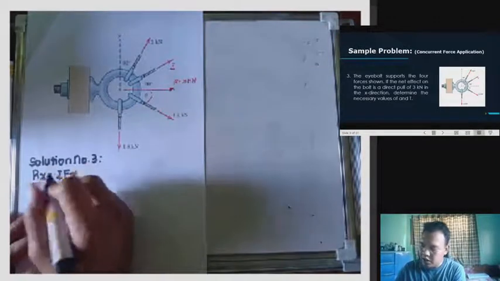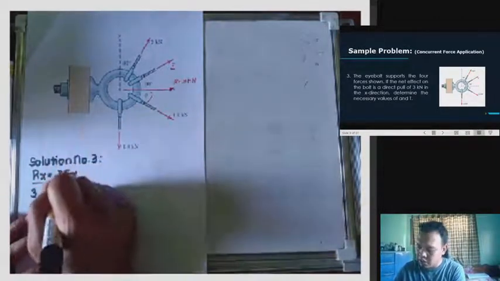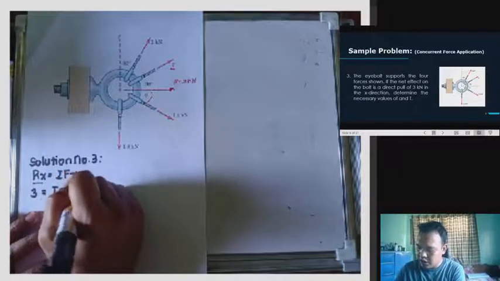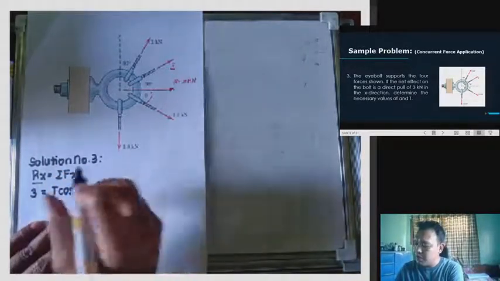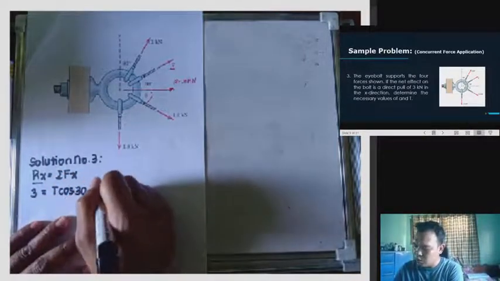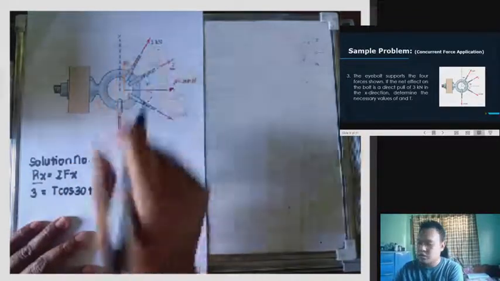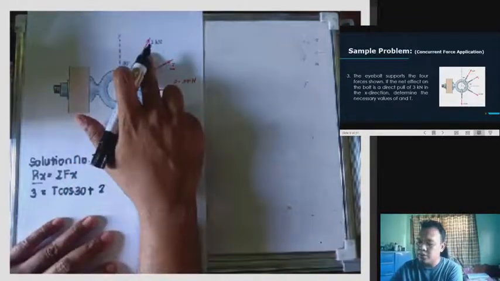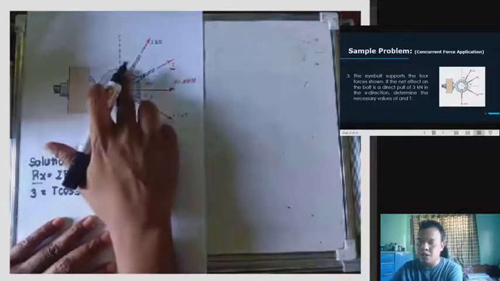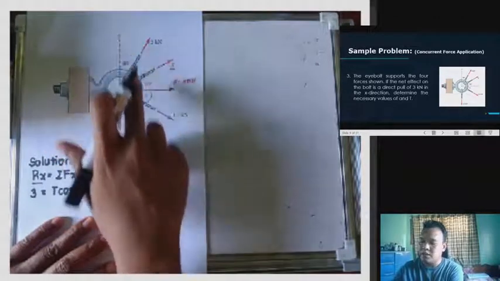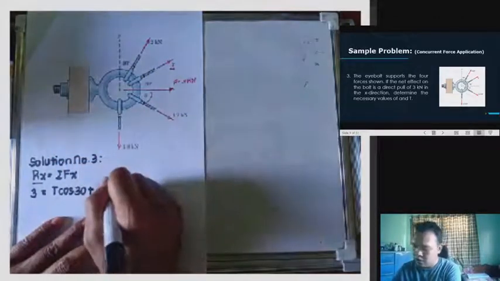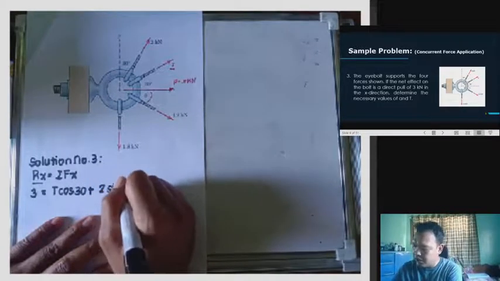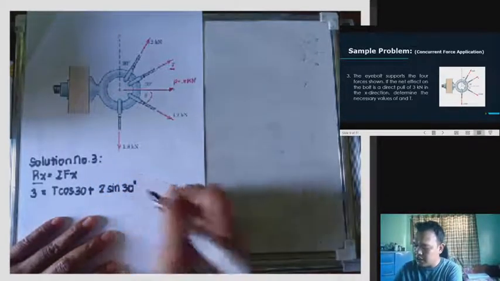So, to get the x component, cosine 30, plus yung 2, ito. To get the x component nito, so we have angle here 30. So, pwede natin siyang 2 sine 30 degrees.